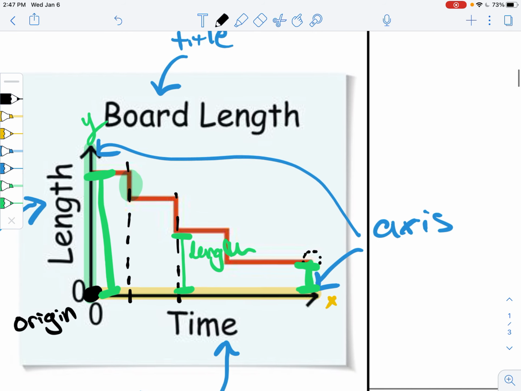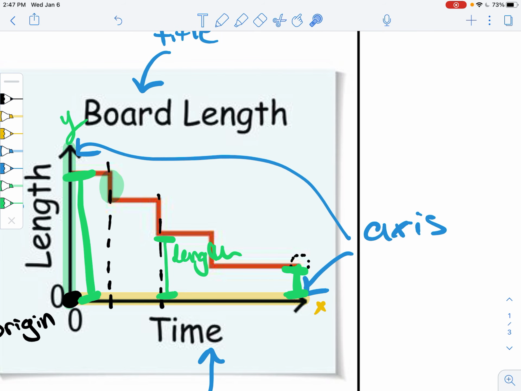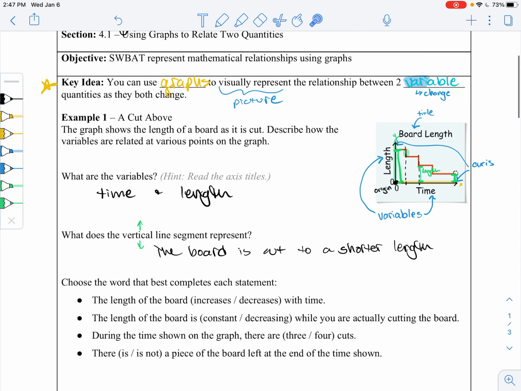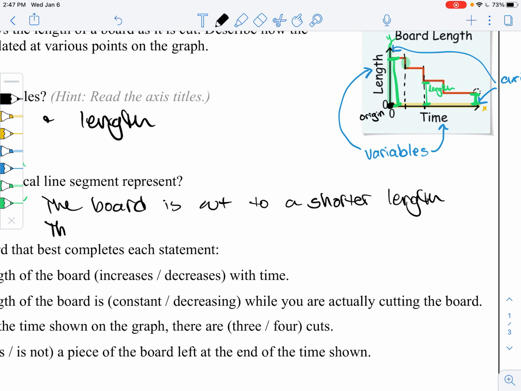But you'll notice this doesn't happen over a period of time. There's no change in time. There's just a change in length because when you cut something, you slice right through it. So the change is instantaneous. It happens in an instant. So we say the cut is instantaneous.